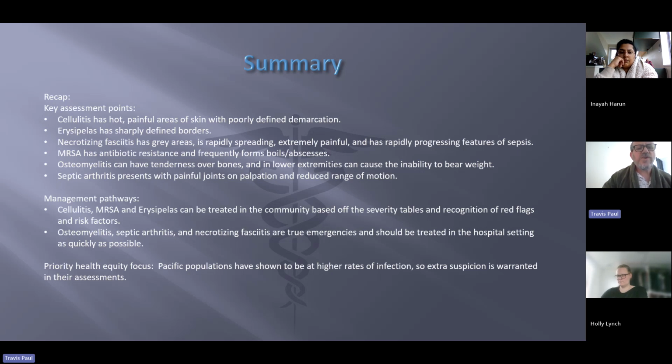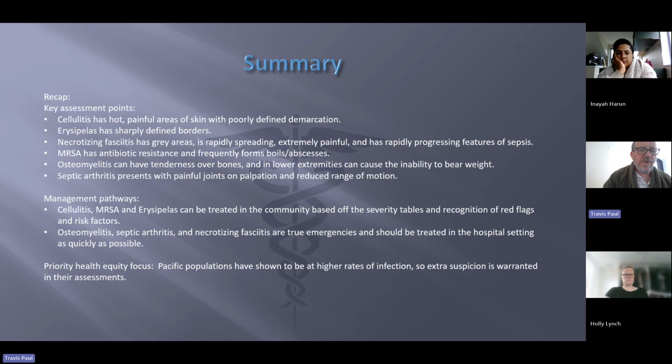MRSA has antibiotic resistance and frequently forms boils and abscesses. Osteomyelitis can have tenderness over bones, and in lower extremities can cause the inability to bear weight. Septic arthritis presents with painful joints on palpation and reduced range of motion.